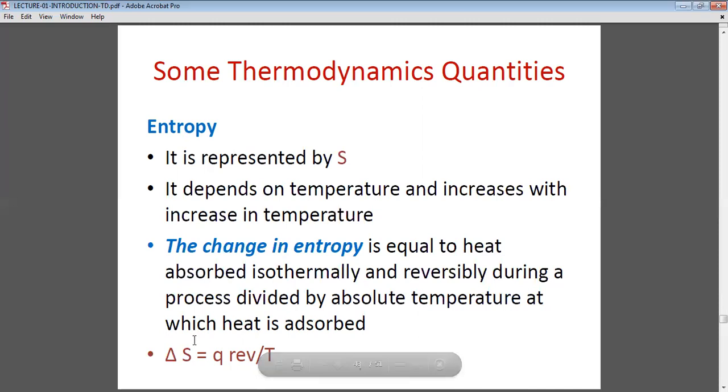From that, we can write the change in entropy as Q reversible over T, where heat transfer occurs reversibly at a given temperature. So the change in entropy is equal to the heat absorbed isothermally and reversibly during a process divided by the absolute temperature at which the heat is absorbed.